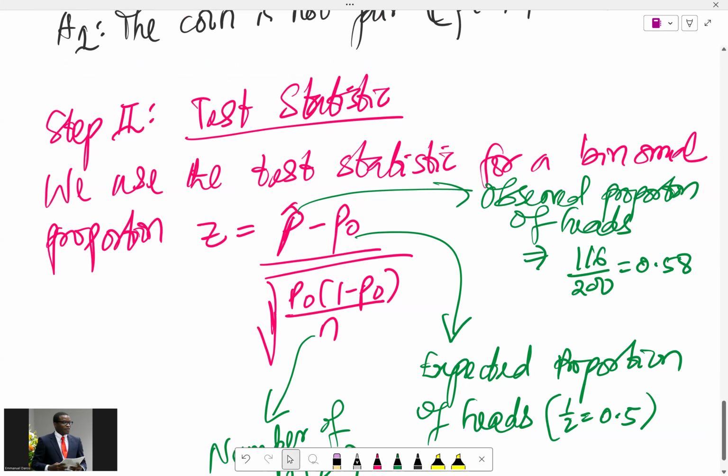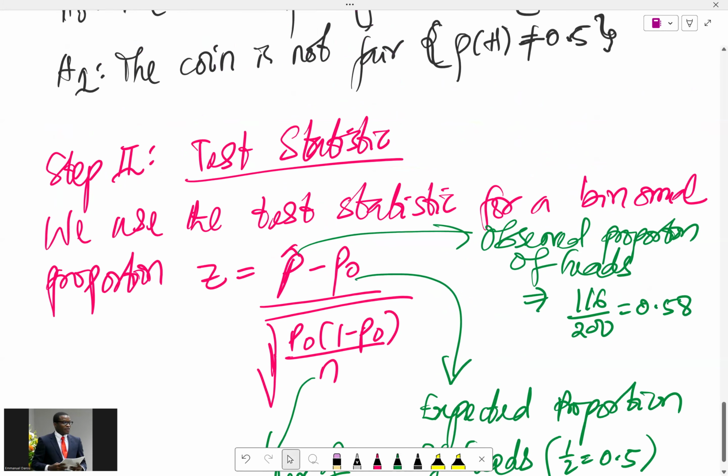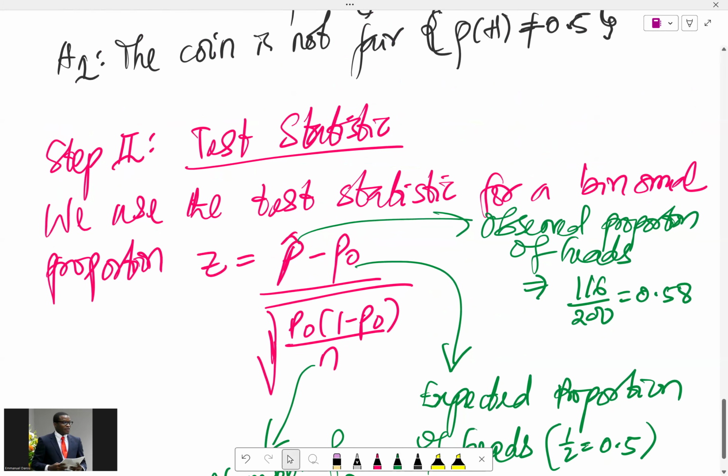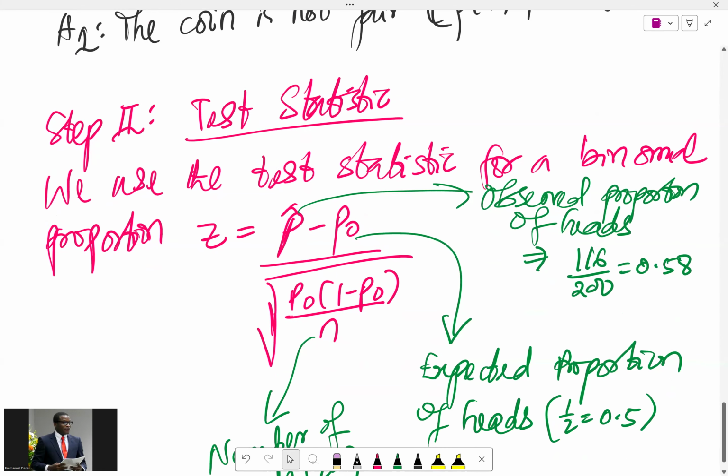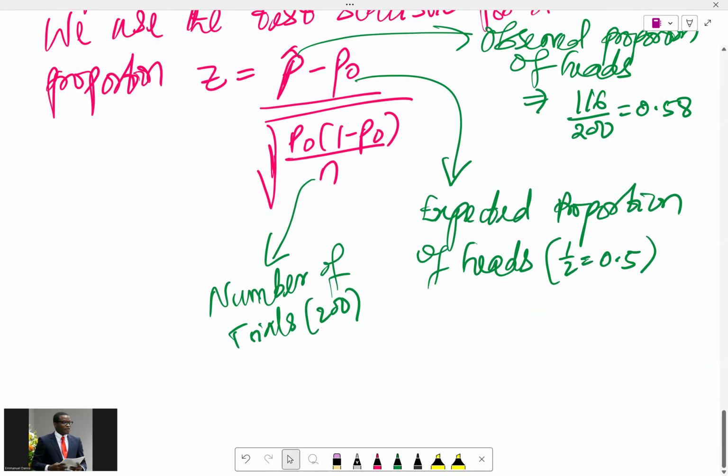So the next thing is, since we have the test statistic, we'll go ahead and compute the actual value. I guess we can do that all together here.